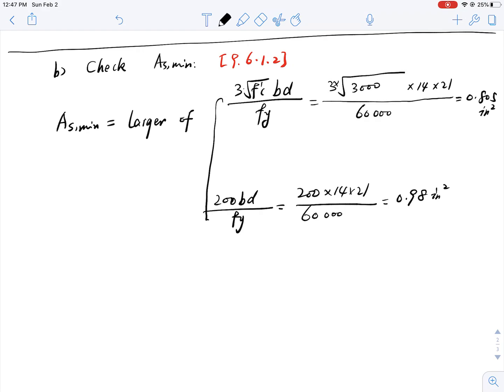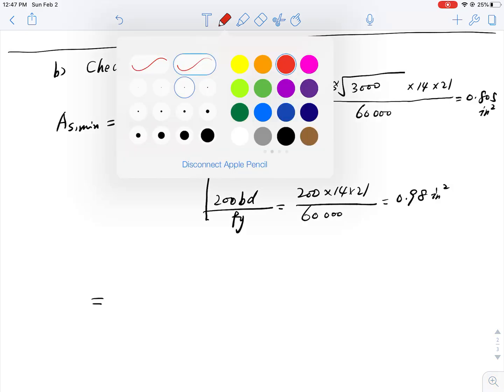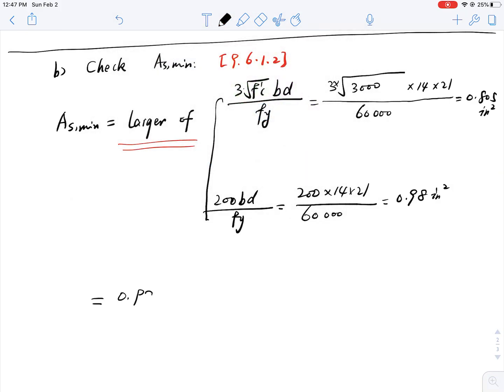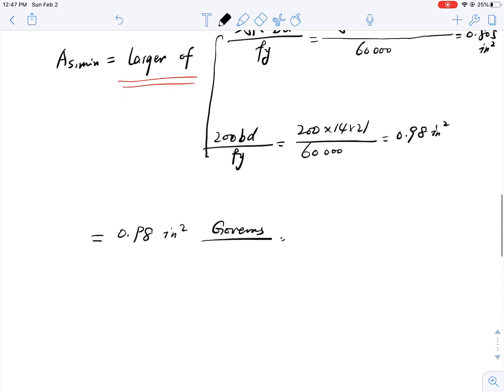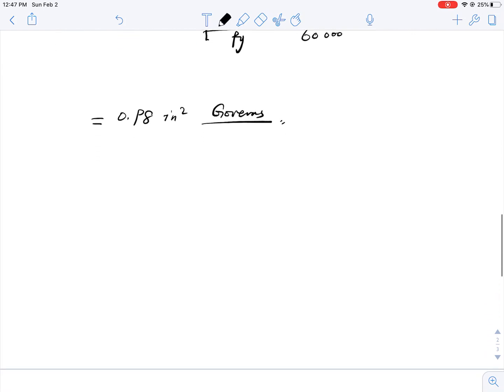Okay, so I compare both of them. I need a larger one, okay, put emphasis here, so naturally I have 0.98 inch squared governing. Okay, so this is the minimum required reinforcement area. Okay, minimum. So if this is the minimum, what do we really have here?